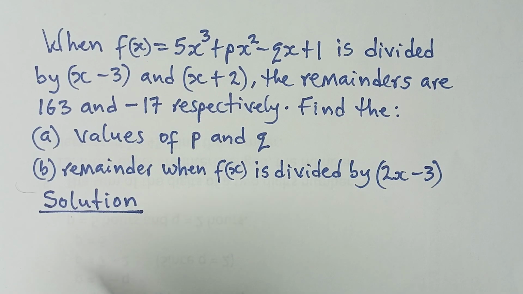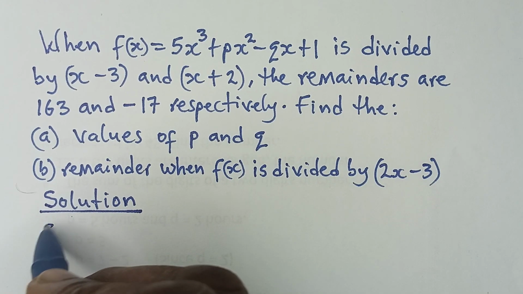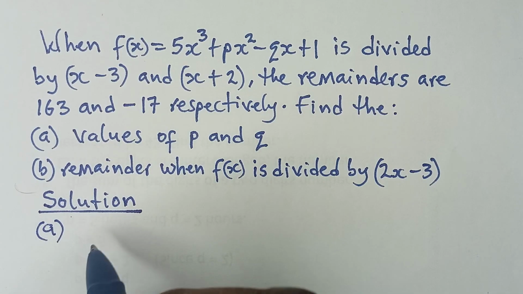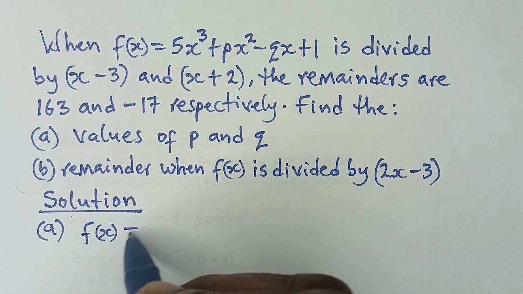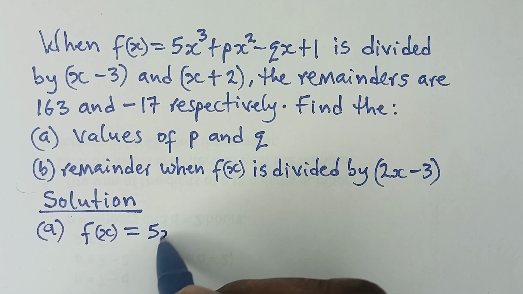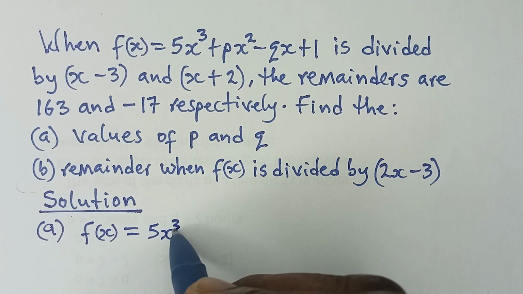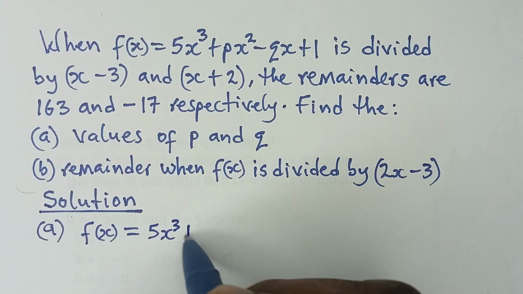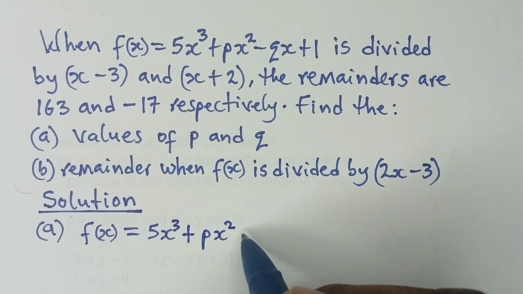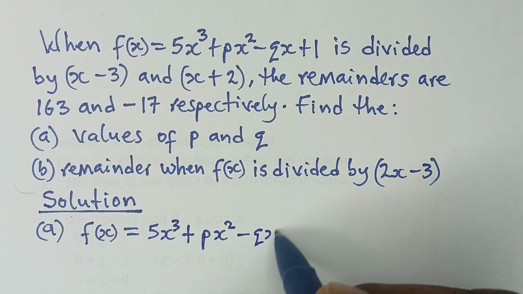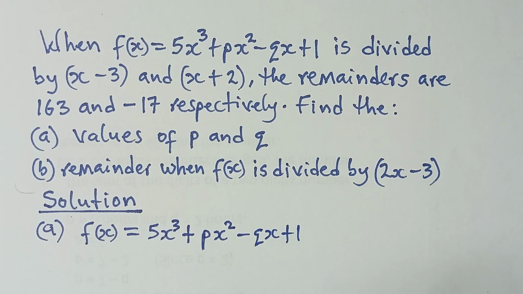Now, the first thing for us to do here, let's write the expression. F of x is equal to 5x cubed plus px squared minus qx plus 1.